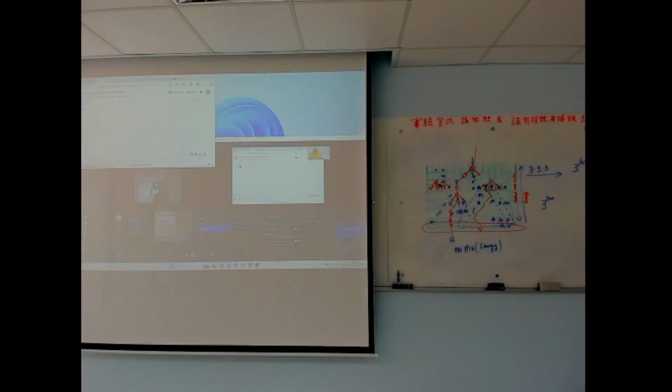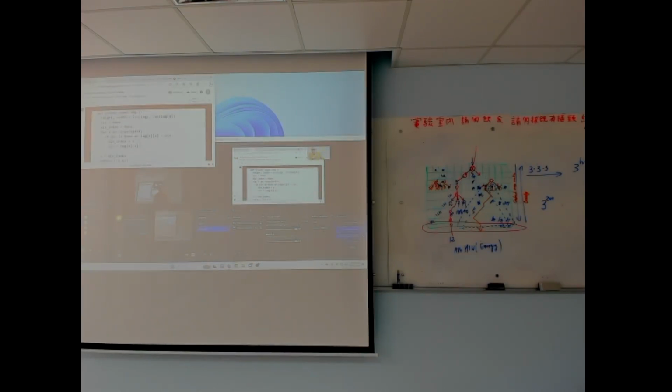So in this case, the local minimum is not good enough, so we need to do something a little bit more clever than just the greedy algorithm.